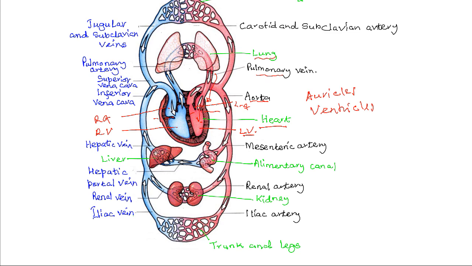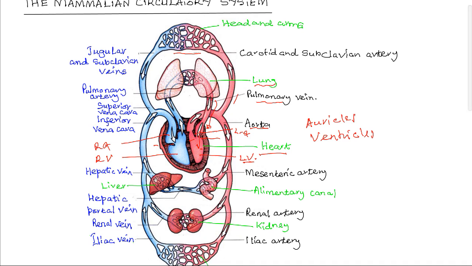The aorta divides into carotid and subclavian arteries that take blood to the head and upper arm region. So you can see the head and the upper arm regions are supplied by the subclavian artery. Carotid artery takes the blood to the head.